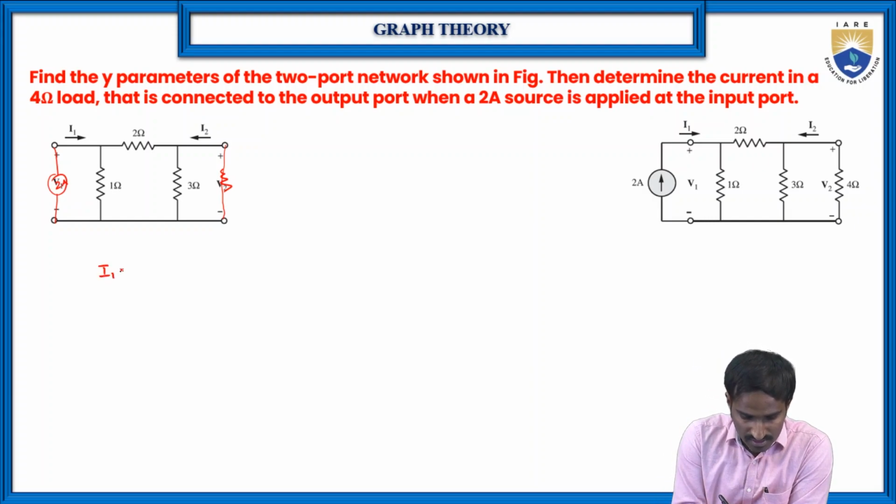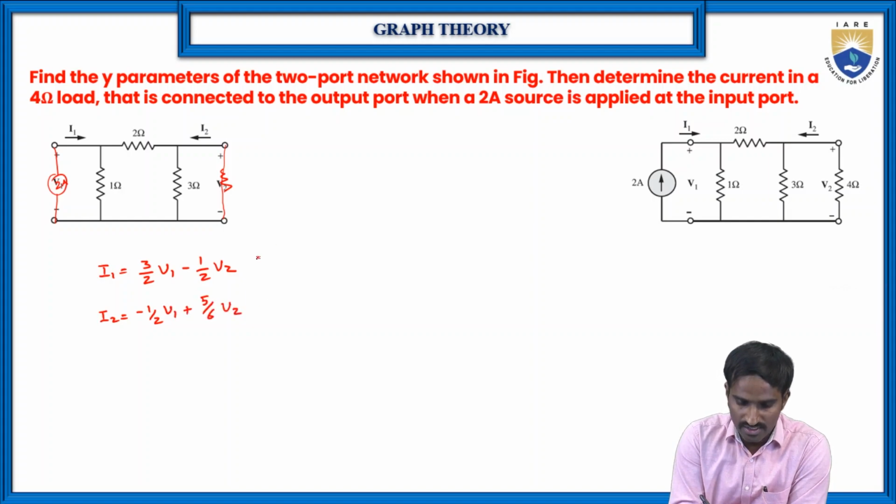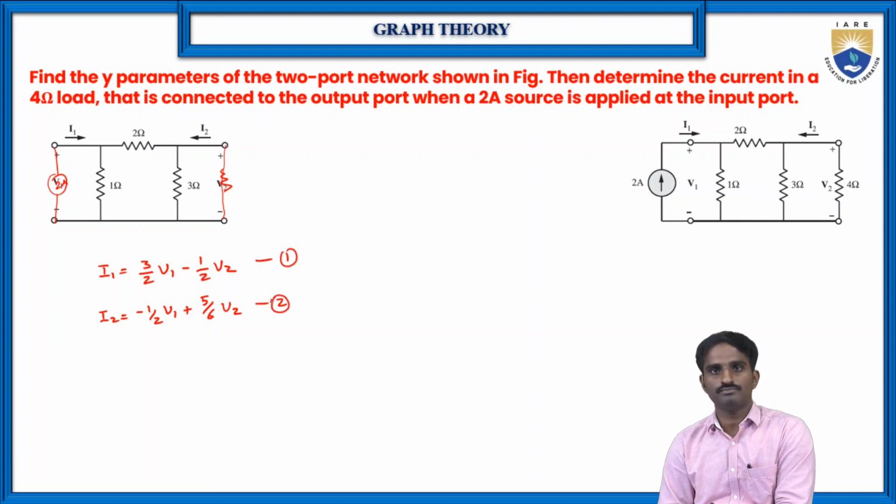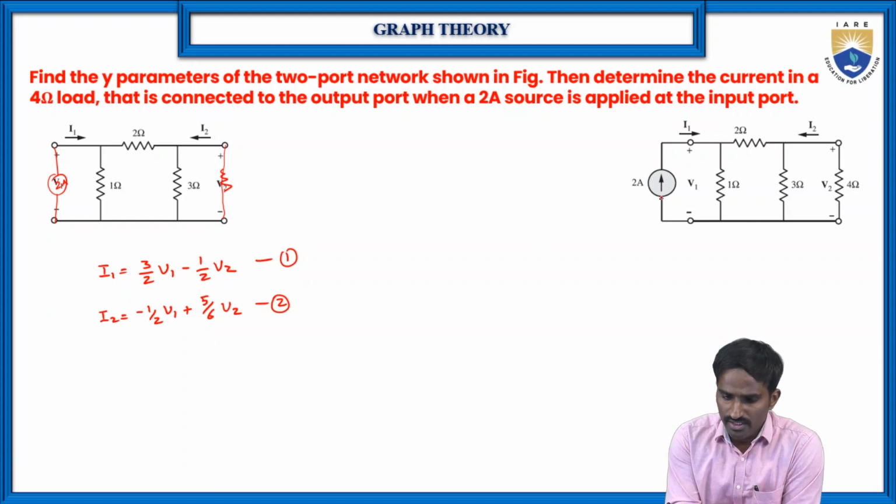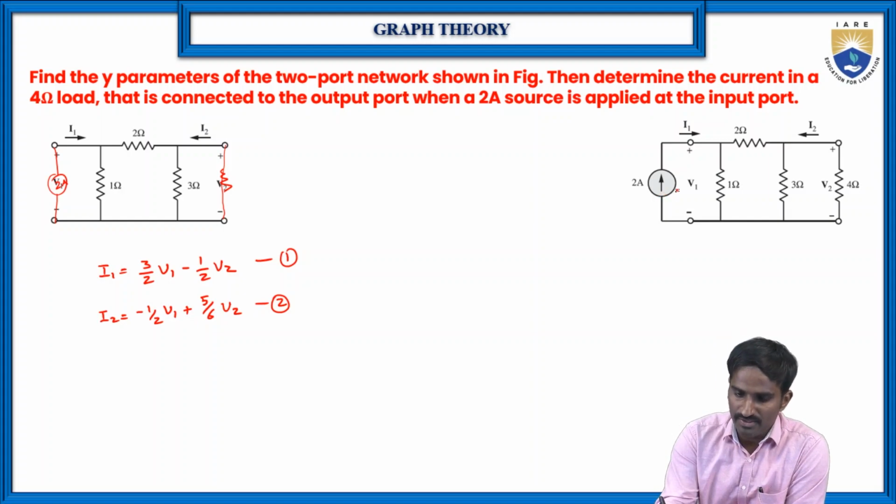Here I1 is equal to 3 by 2 into V1 minus 1 by 2 into V2, and similarly the I2 equation is minus 1 by 2 into V1 plus 5 by 6 into V2. Let us consider these equation number 1 and equation number 2. As you can see from this figure, I1 is equal to 2 amperes because the 2 ampere source is there.